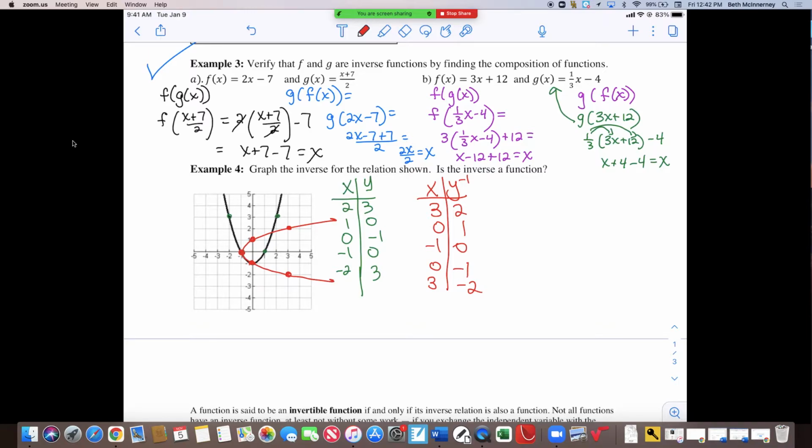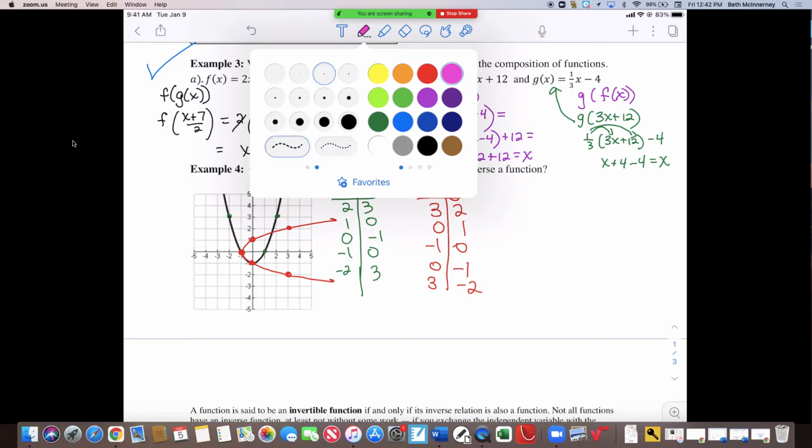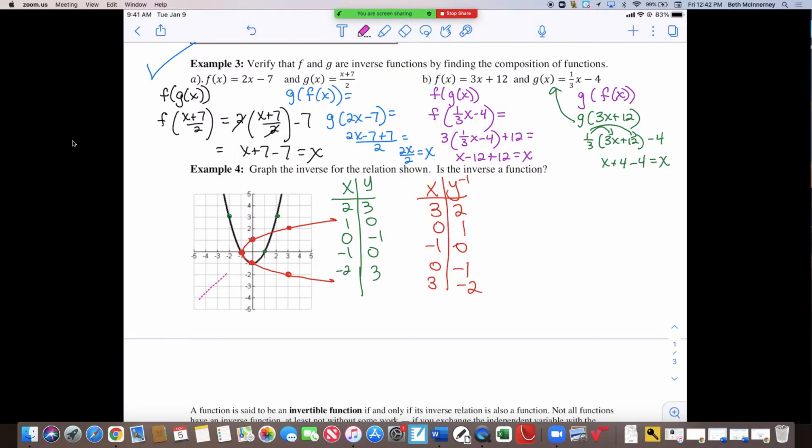Remember how we talked yesterday that graphically it's a reflection over the line y equals x? Because you might wonder, how do you know which direction it's going? If you think about this piece here, this piece gets reflected over, this piece gets reflected over, this piece gets reflected over, and so on.